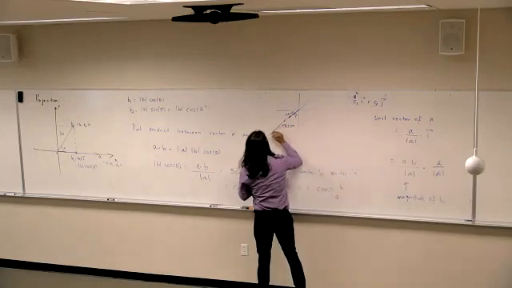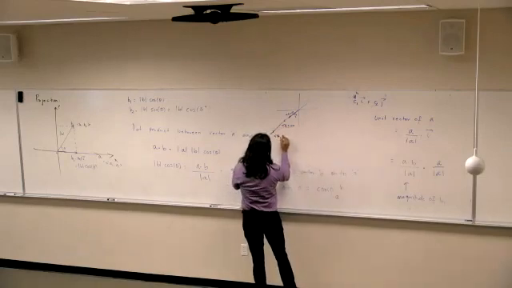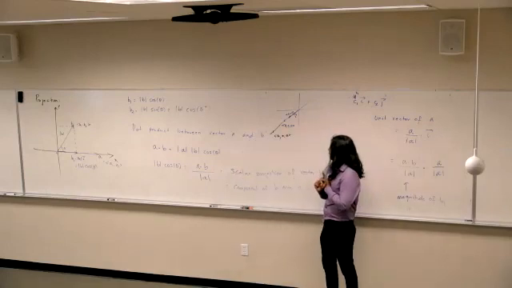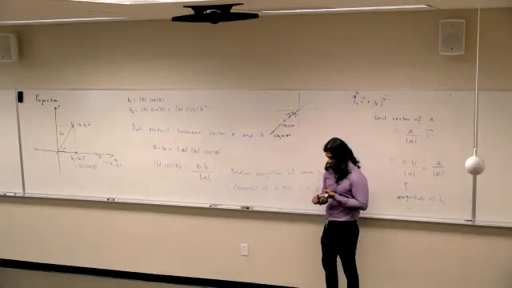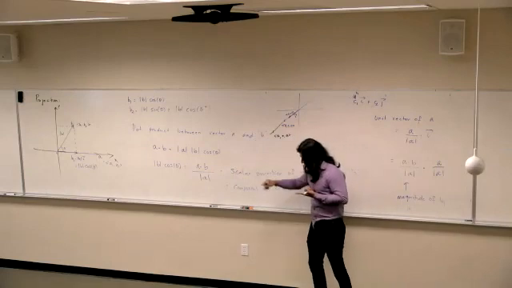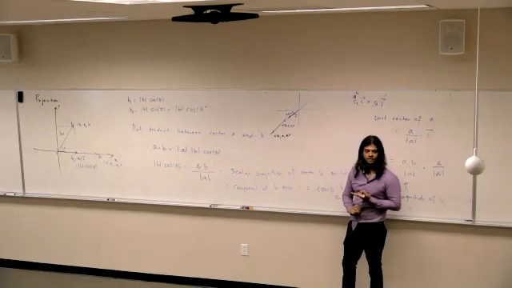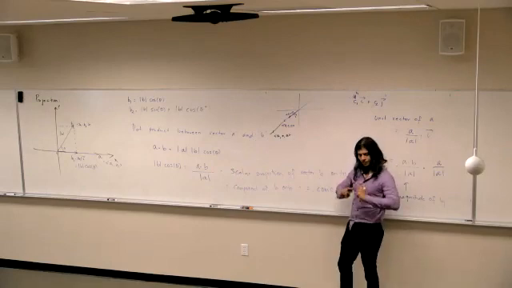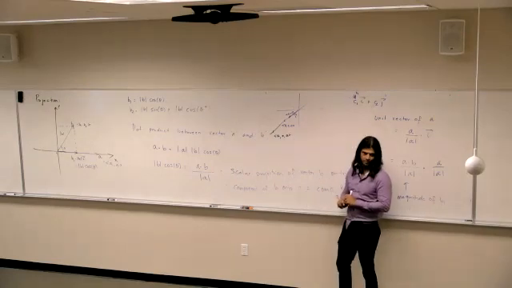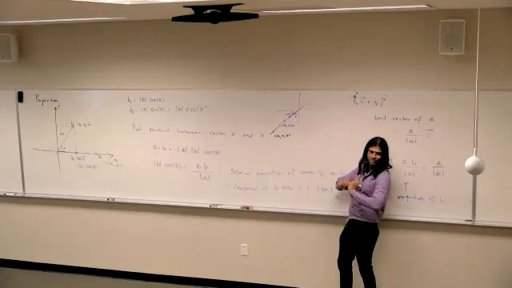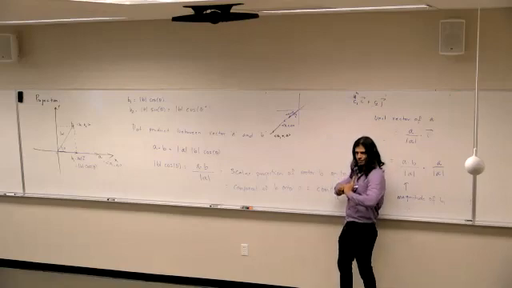We're going to go down to 16, 0, 0. Is that a scaled version of 2, 0, 0? Yes. So the reverse would also apply: 2, 0, 0 is a scaled version of 16, 0, 0. With me?